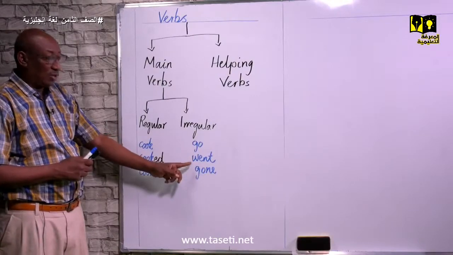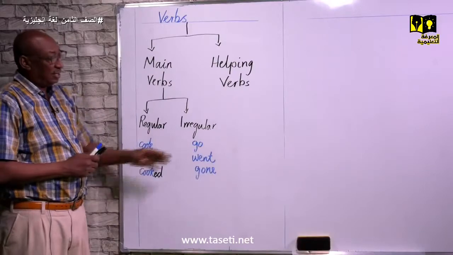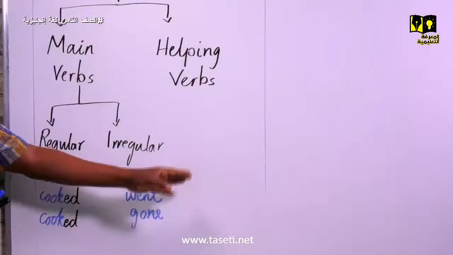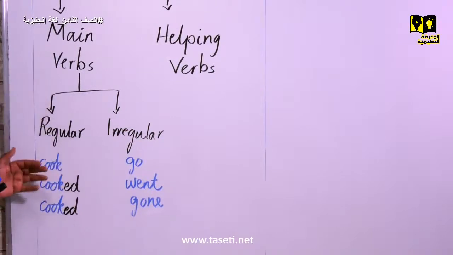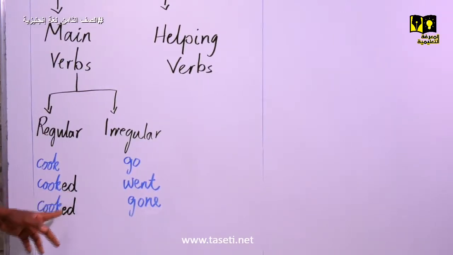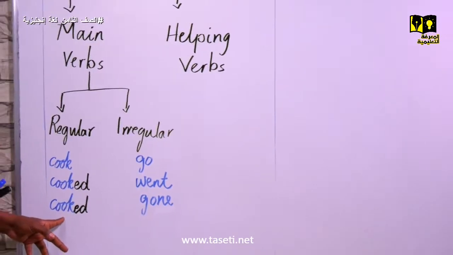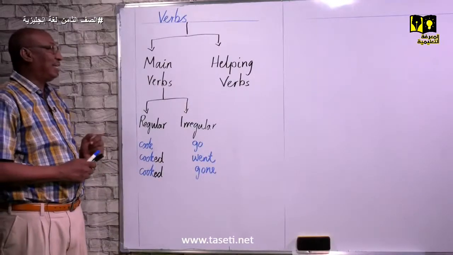Go, went, gone. Eat, ate, eaten. Speak, spoke, spoken. These are all irregular verbs. But the regular verbs like cook: the infinitive is cook, the past ends in ed, and cooked, the past participle, also ends in ed.